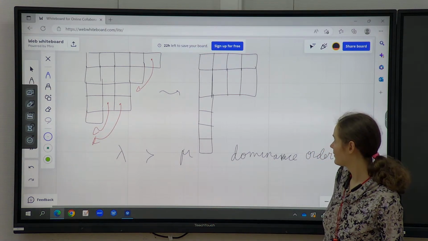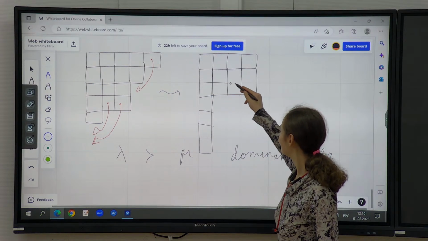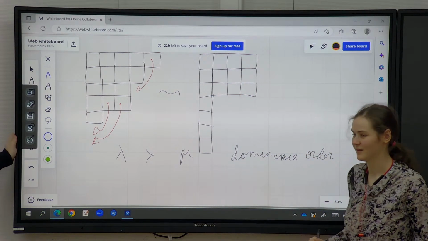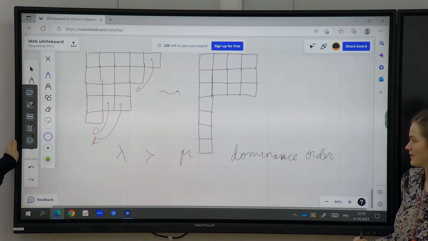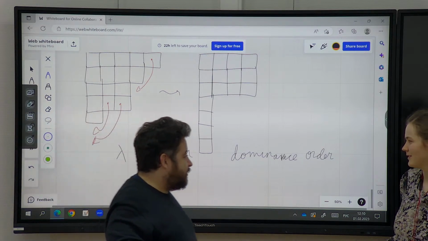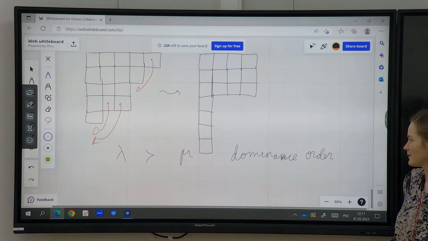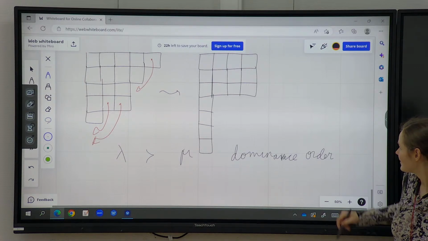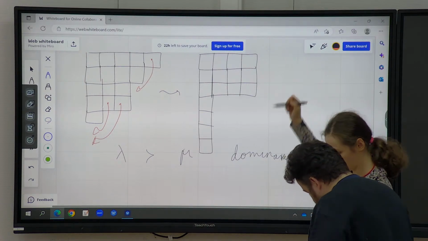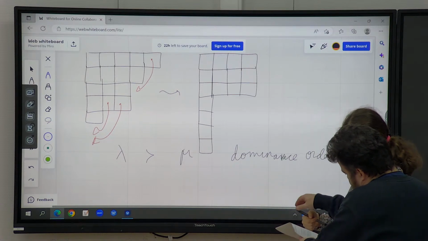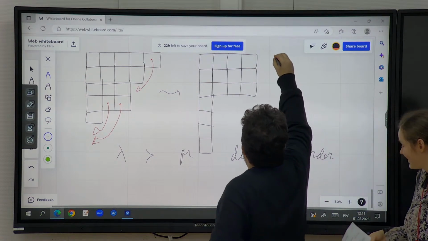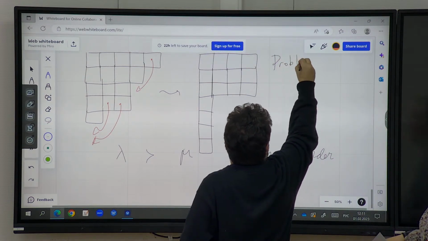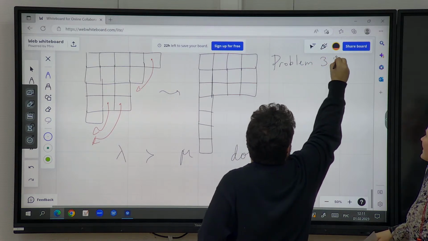Is it, by the way, partial or complete ordering? So can you find a couple of two diagrams which are not comparable to each other? Было ссылочки? Нет, не было. So yeah, so problem 3.2.5.